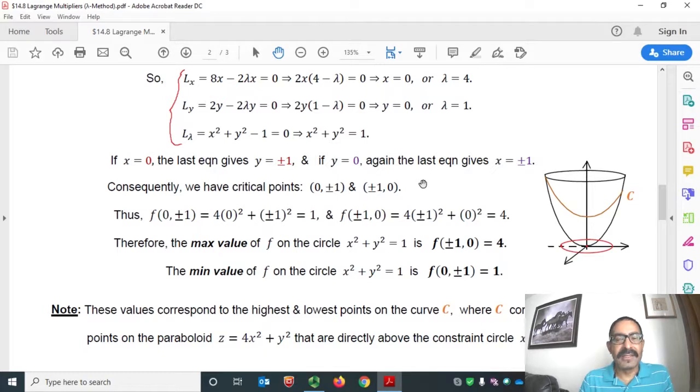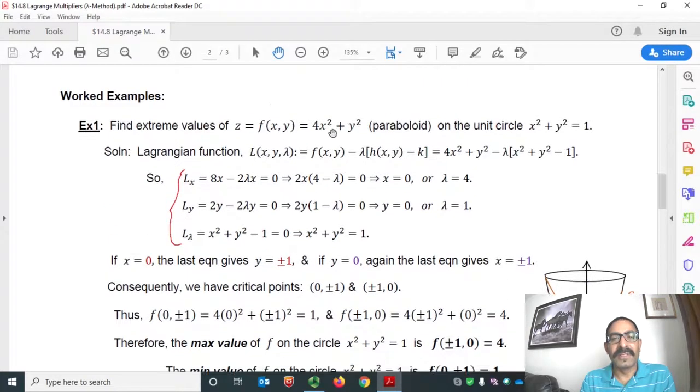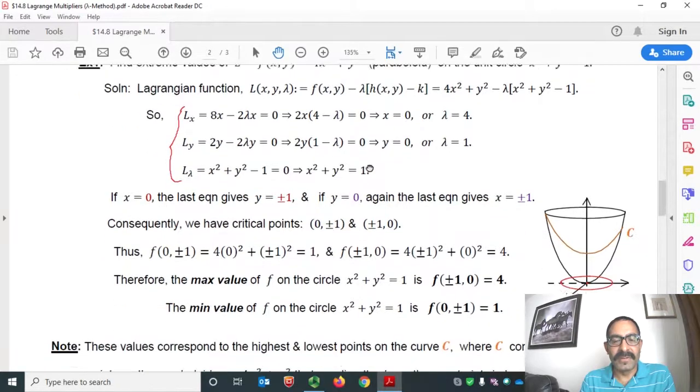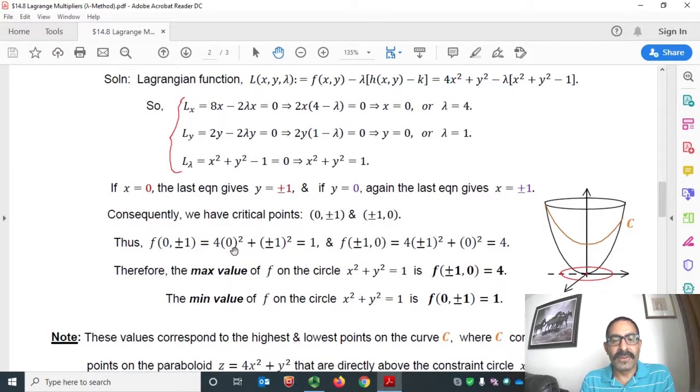Next, let's evaluate the function at those critical points. Here is f at (0, plus or minus 1). Our function is f equals x squared plus 4y squared, this is the x value, this is the y value. Simplifying gives us 1. Similarly, evaluating f at the other critical points gives us 4.